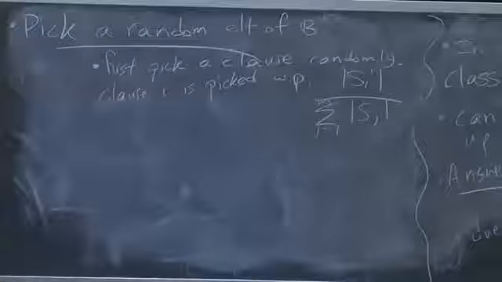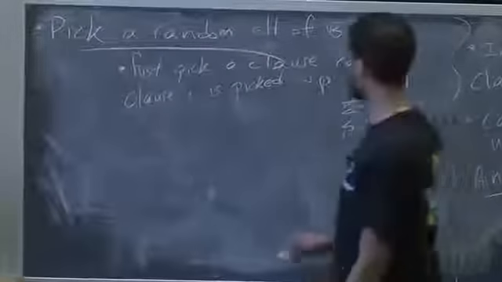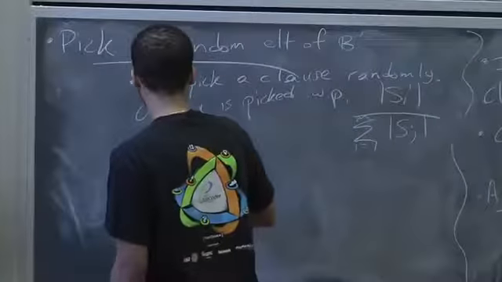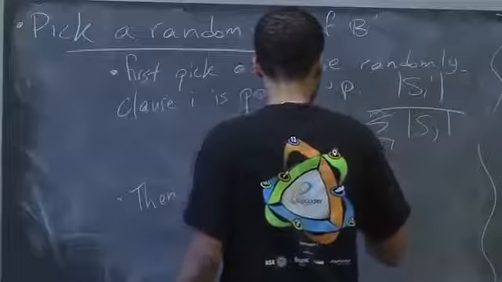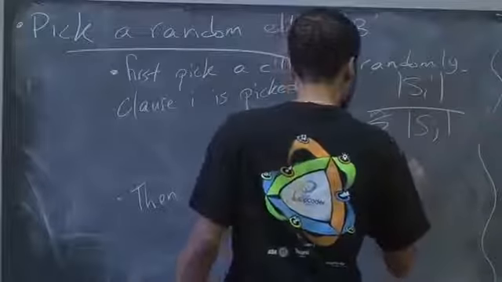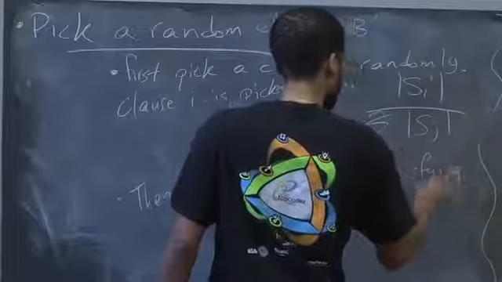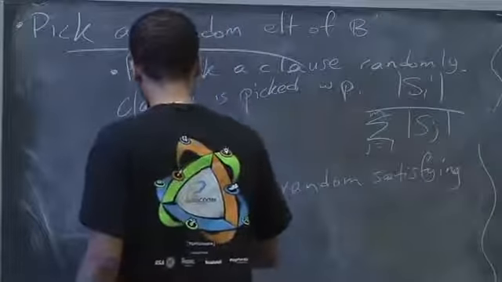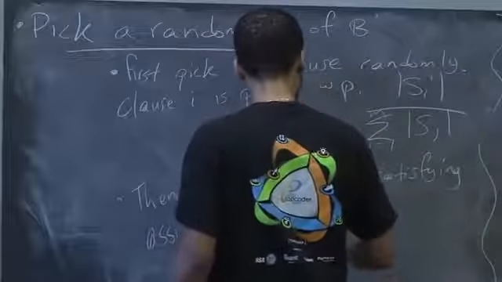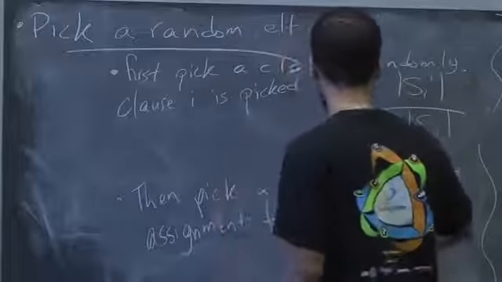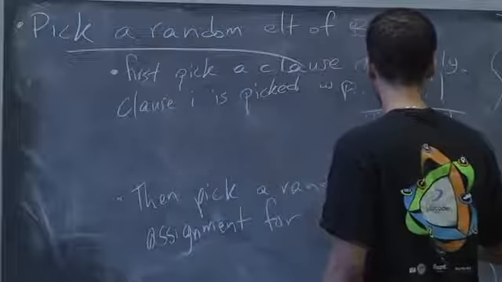And then pick a random satisfying assignment for C_i, a uniformly random assignment.